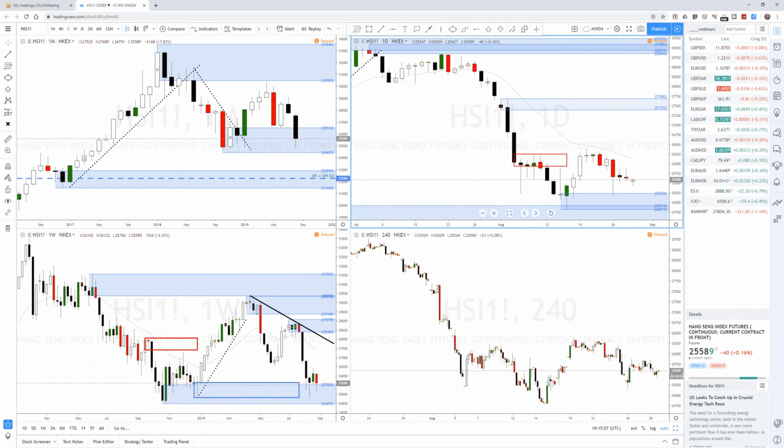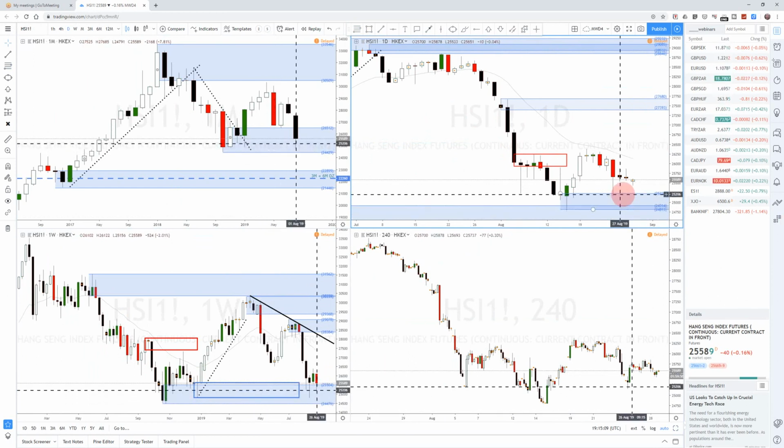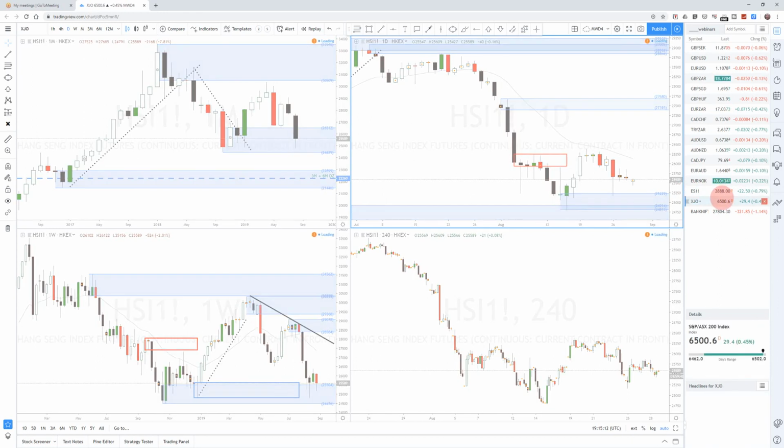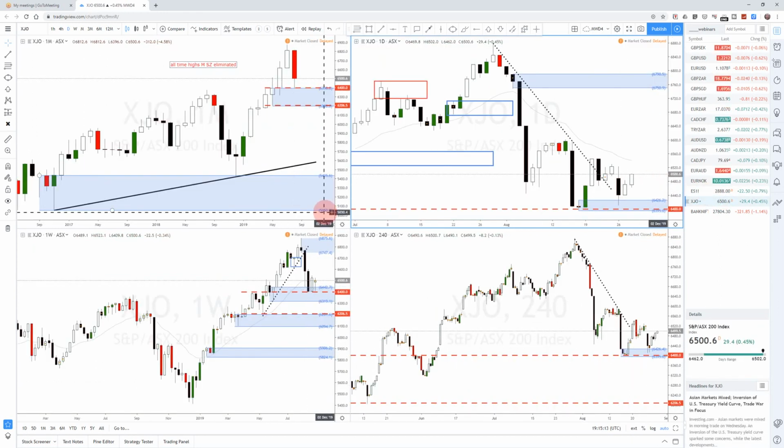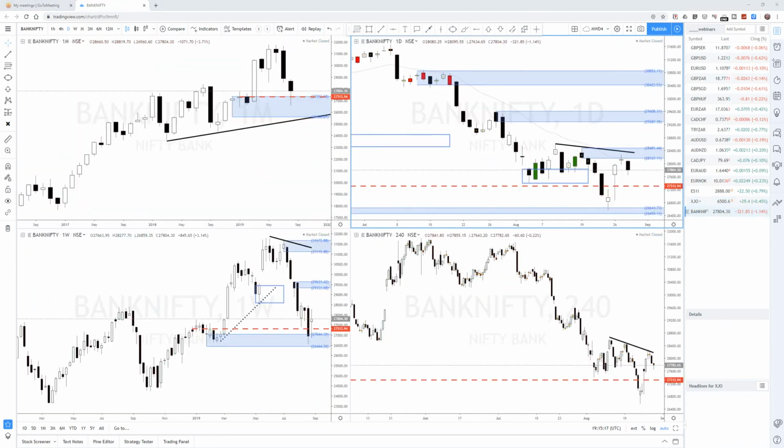And that's the reason why this trade is valid, the same way this one on the Australian index is valid. And it is the reason why this trade here is not yet valid, and also why this one is not valid, because it is a poor area of demand of the monthly area of demand.